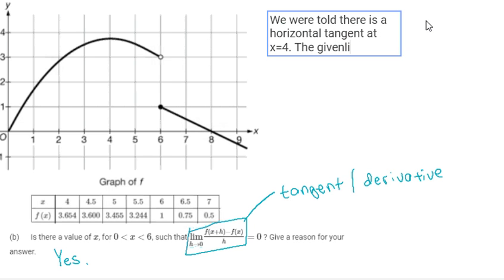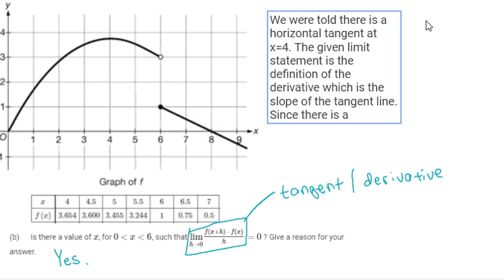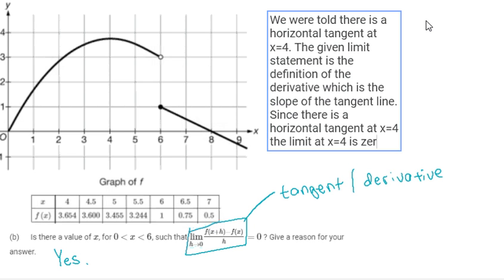The given limit statement is the definition of the derivative, which is the slope of the tangent line.